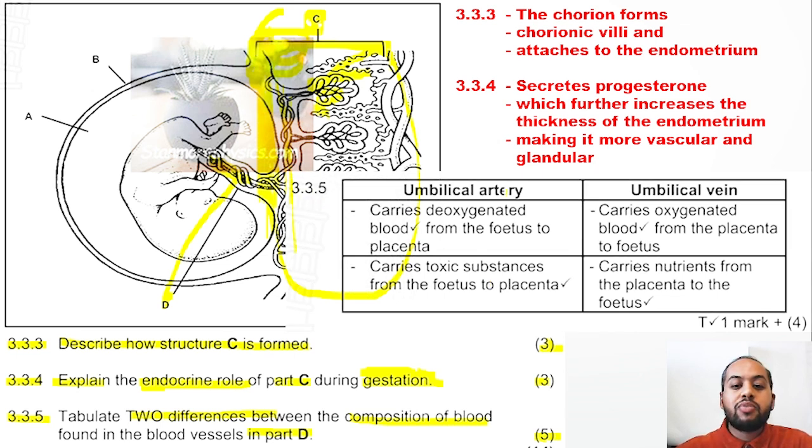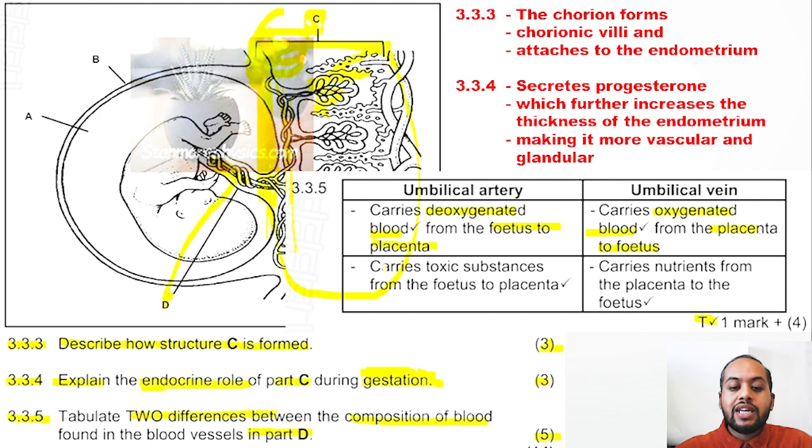So for 3.3.5, you draw your table so that you get 1 mark for your table. Then you are going to have the umbilical artery and the umbilical vein. The umbilical artery carries deoxygenated blood from the fetus to the placenta, while the umbilical vein carries oxygenated blood from the placenta to the fetus. That's one difference.